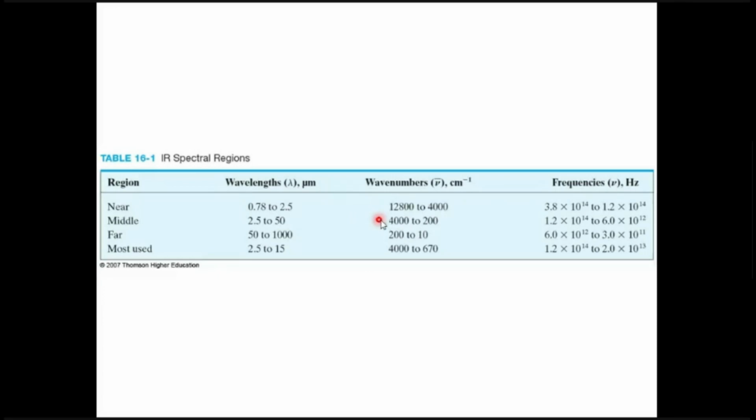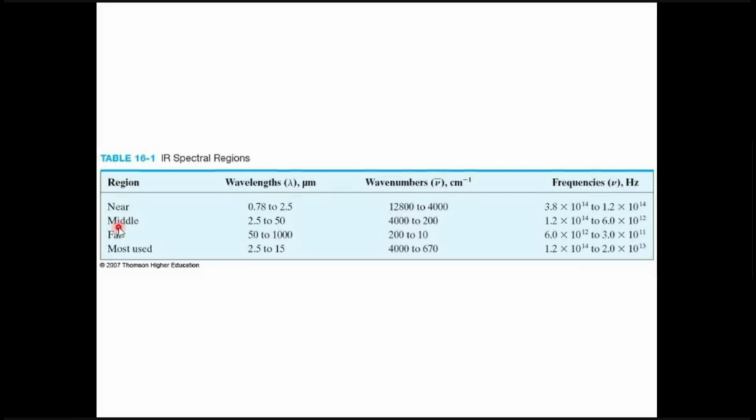In terms of wave number, it is 12,800 to 4,000 centimeter inverse. Please note that when we talk about wavelength, we start from smaller to larger number, and for wave numbers, we start from larger to lower wave number.